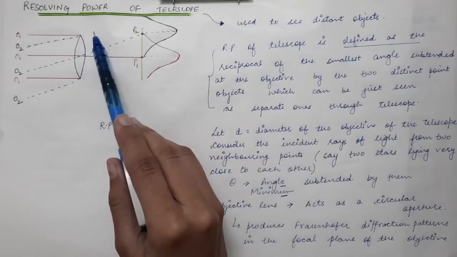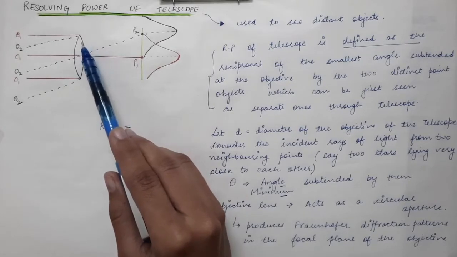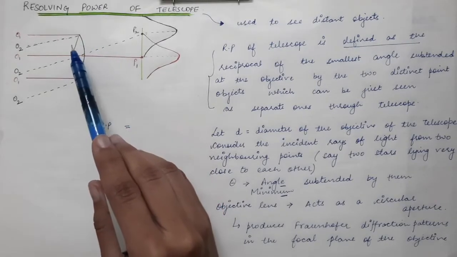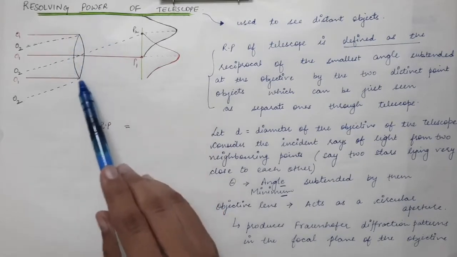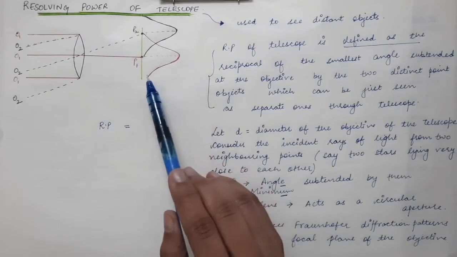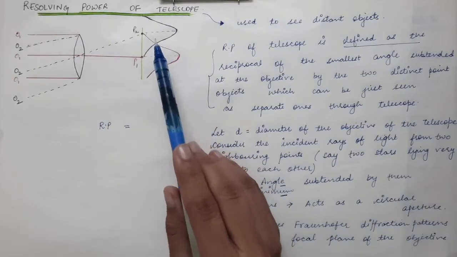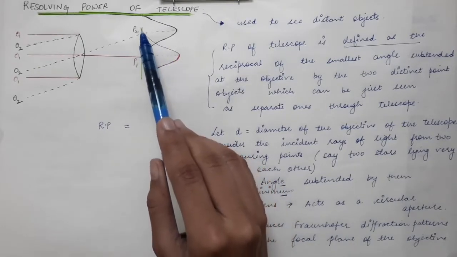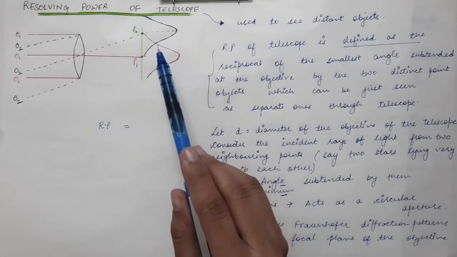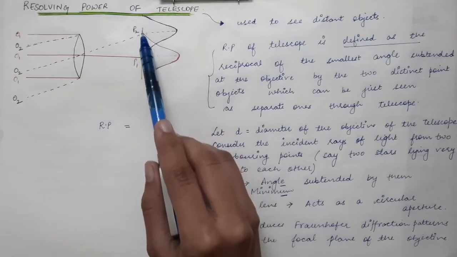Therefore this objective lens of the telescope will act as a circular aperture, and Fraunhofer diffraction will occur over here as well. Therefore we will have fringes. We will have the principal maximum or central maximum, then we will have a minimum, and so on. We will have maxima and minima on the focal plane of the lens.